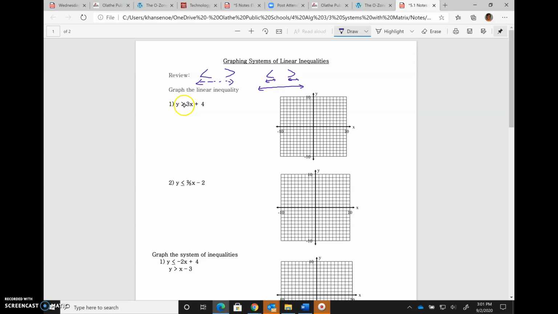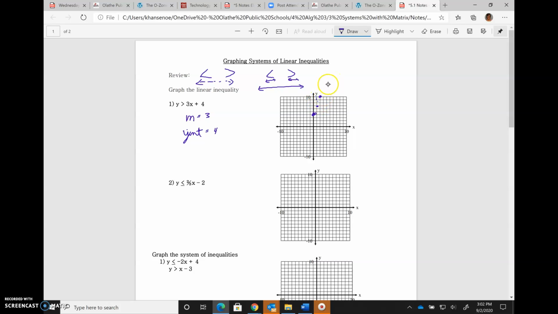So first thing I want you to do on this one, it's already solved for y. So my slope is 3. My y-intercept is 4. So I go to 4: 1, 2, 3, 4. My slope is 3, so I go up 1, 2, 3 over 1, up 1, 2, 3 over 1.